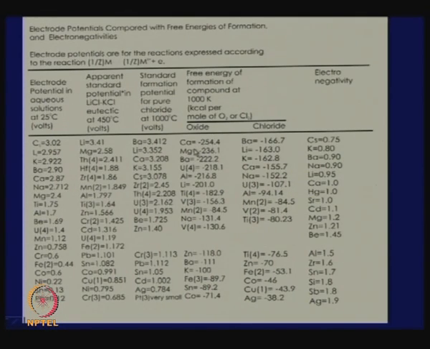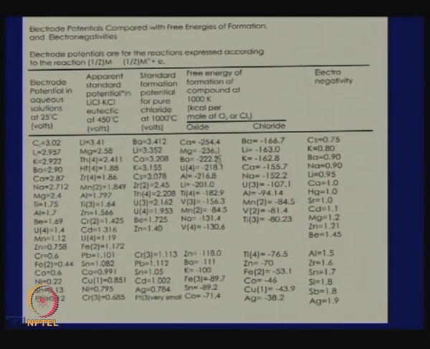So, you see for calcium oxide it is minus 254 kilocalories per mole, whereas for those which are placed below calcium the values are less negative, meaning compounds of calcium would be more stable, compounds of sodium would be less stable.